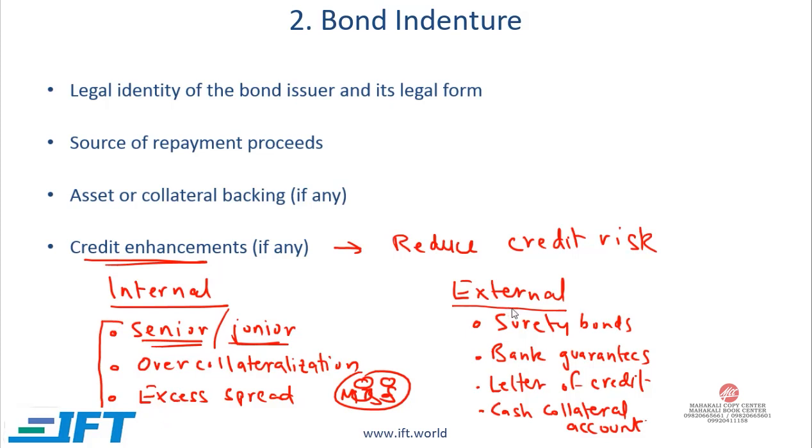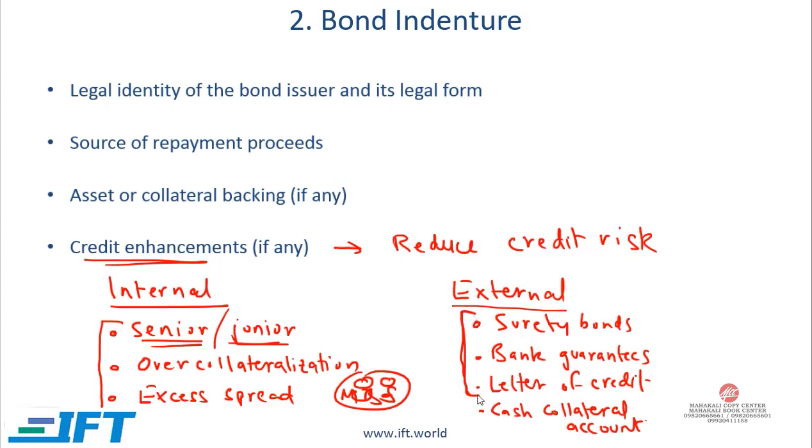External enhancements, as the name implies, rely on external parties. The top three items over here, surety bonds, bank guarantees, letters of credit, these involve a third party providing some form of guarantee.